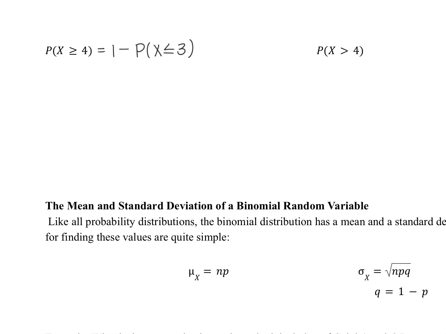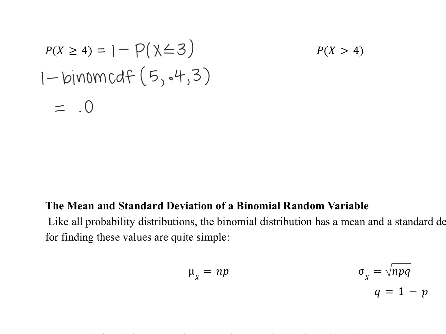So if I do 1 minus everything less than that, the remaining part is everything that's greater than or equal to 4. So on my calculator, I do 1 minus binom CDF with my n of 5, my p of 0.4, and my k of 3.